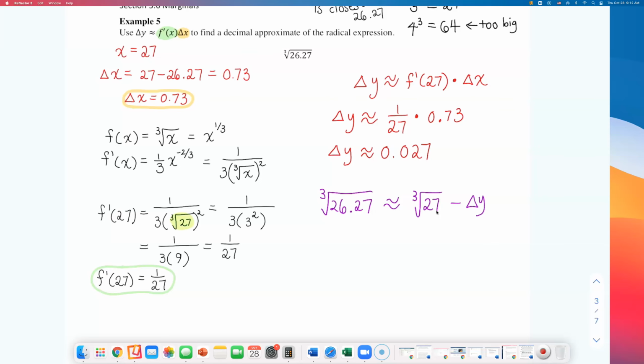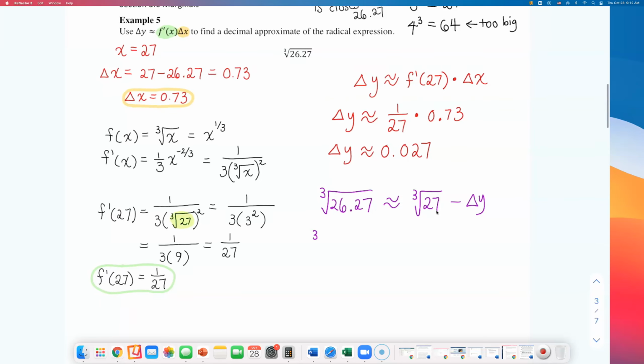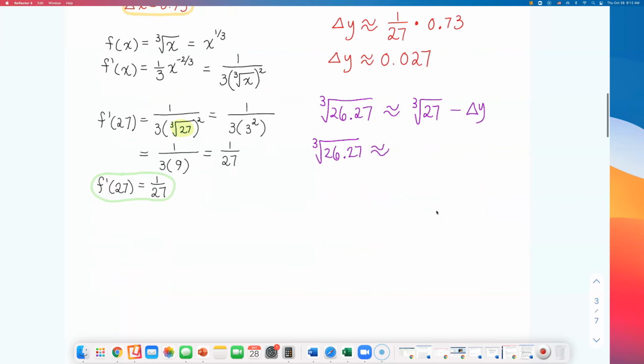Oh, that one was a little bit different this time. So cube root of 26.27 is approximately, first of all, cube root of 27 is simply 3. So I'll write down 3 minus, we know what delta y is, 0.027.